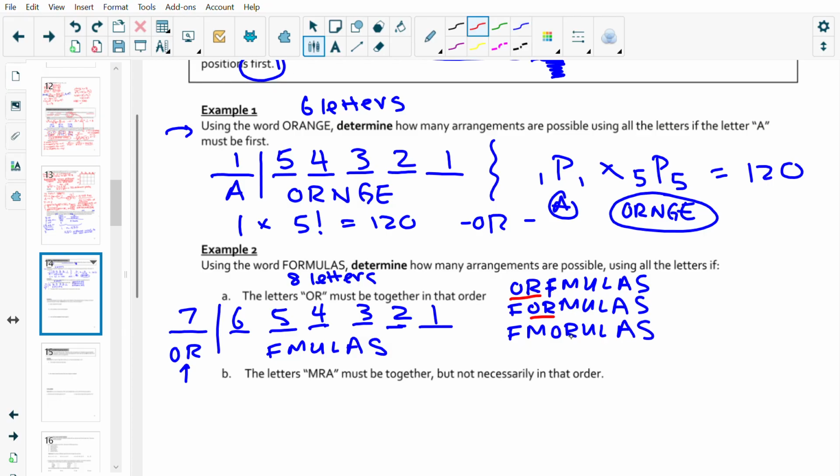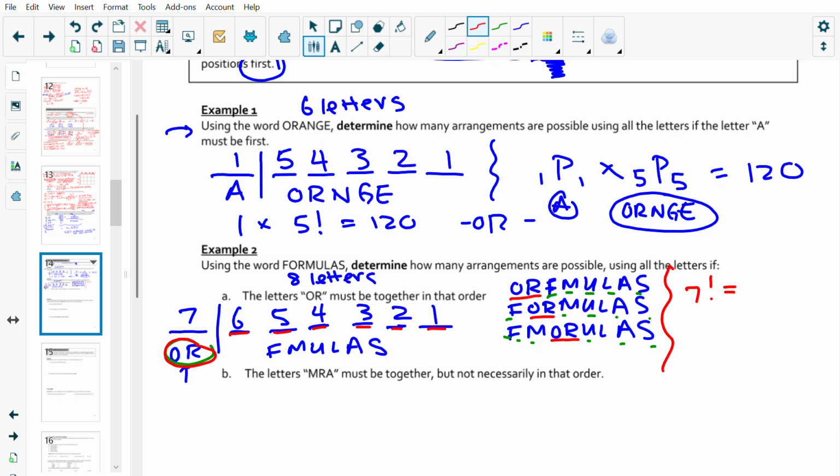Notice I'm just varying the position of the OR, but all these other letters can also change position. There are 7 different places it can go, so it starts with a 7, then 6, 5, 4, 3, 2, 1. So it's 7 factorial.